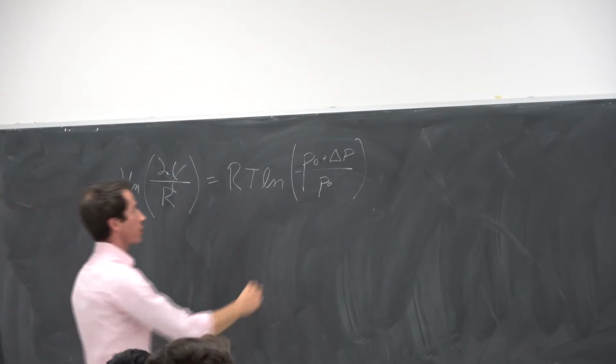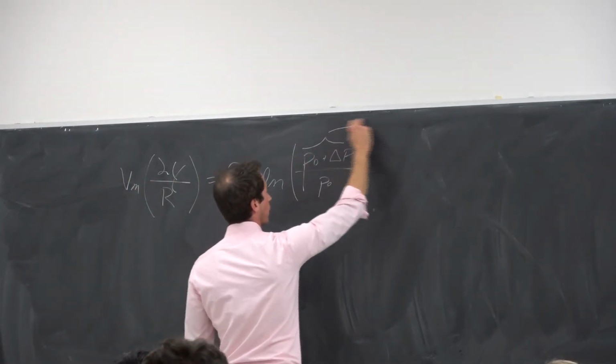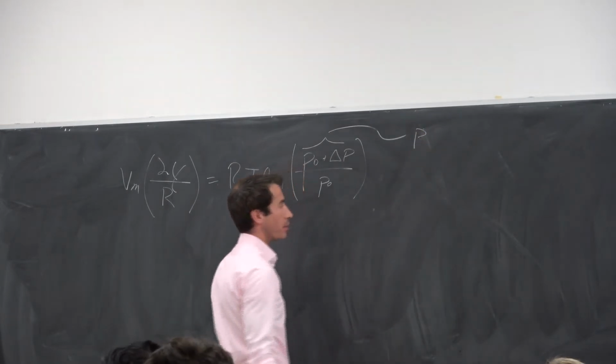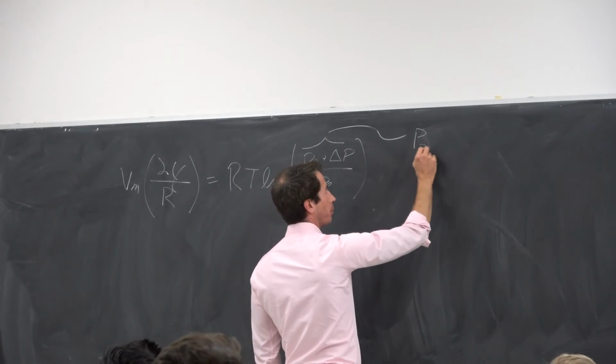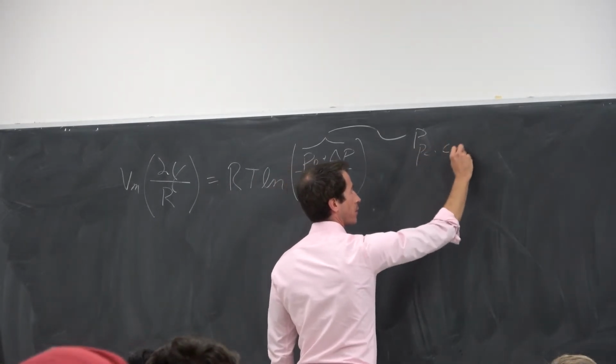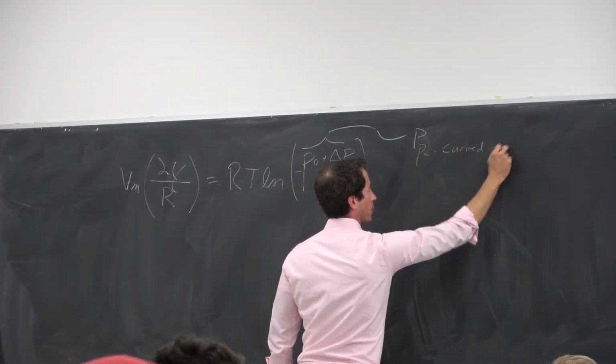And if we want to be convenient, in Andrea Tao's book, she just simplifies this to P. You'll also see P sub C because it's this curved system.